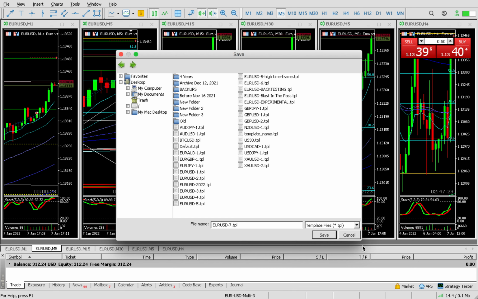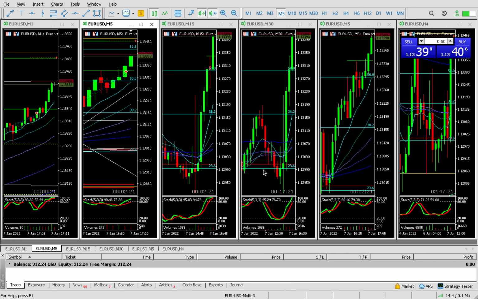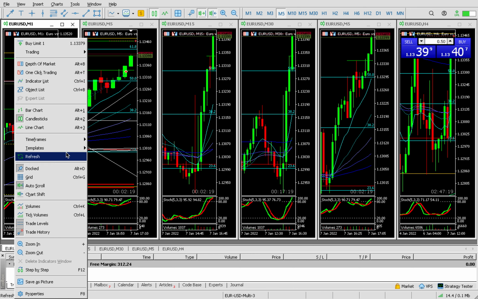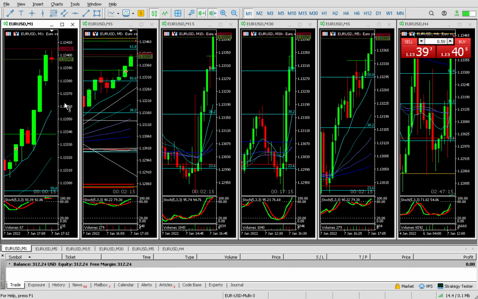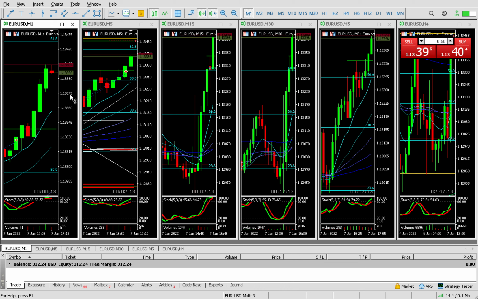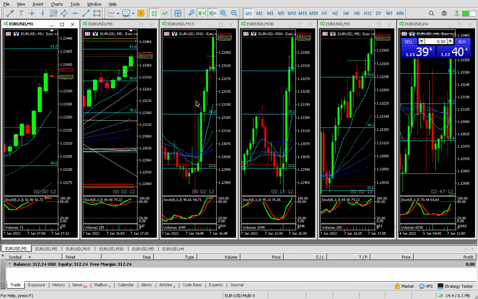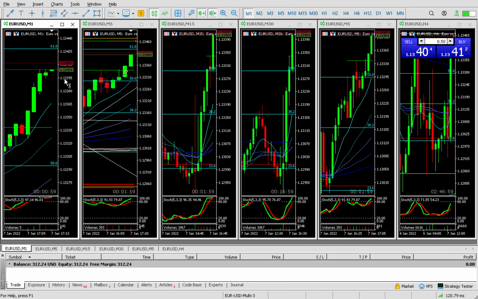Euro USD. I gotta clean this up sometime. I just want to be able to see that fib over here. I mean, we damn sure need to see some, like, see that?